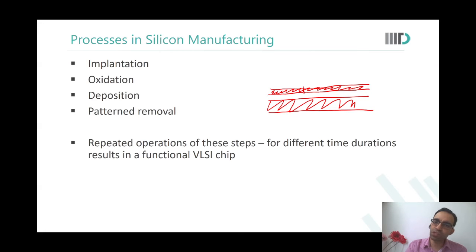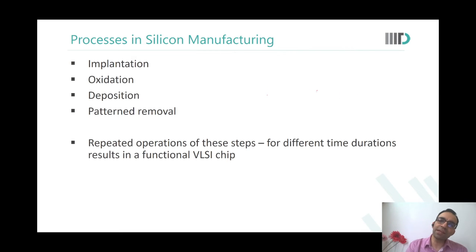So you will remove it from here, let us say. Over here, you've created a window such that this oxide now becomes visible to incident light. When the light comes, it will be able to fall here, but not fall here. Stuff like that. So pattern removal, and then again implantation or pattern removal or oxidation or deposition, or some of these steps would come.